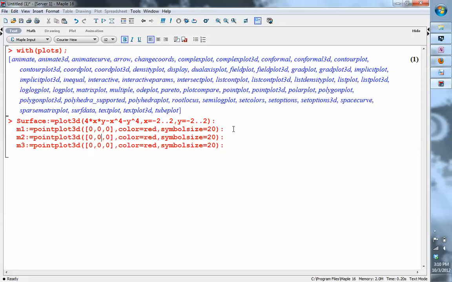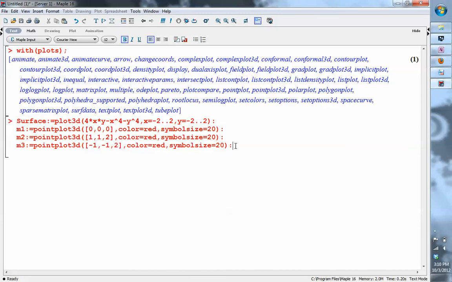Okay, the second point was 1, 1. What's the z coordinate for 1, 1? Two. Good. We'll keep it red. We'll keep it big. The third one was -1, -1. What's the z coordinate for that? Also 2. Good.